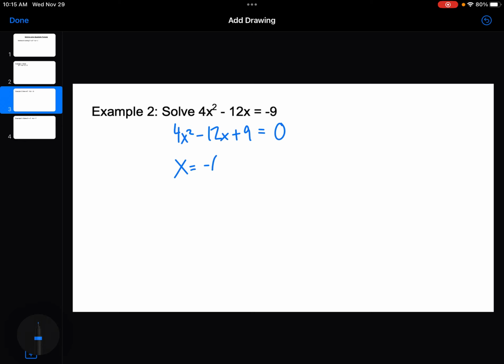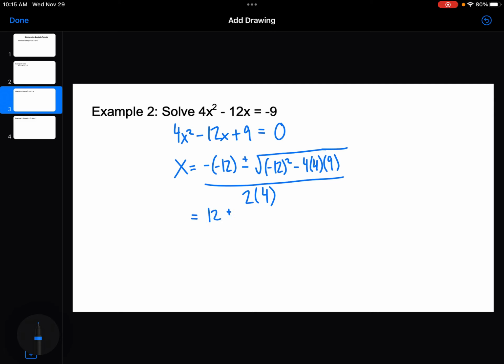We get negative 12 plus or minus the square root of negative 12 squared minus 4 times 4 times 9, all divided by 2 times 4. Now, underneath that square root, the 2 negatives make this positive.